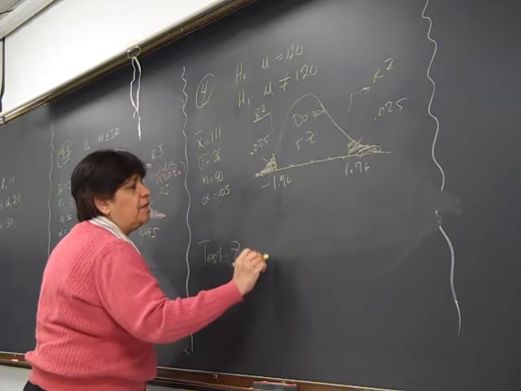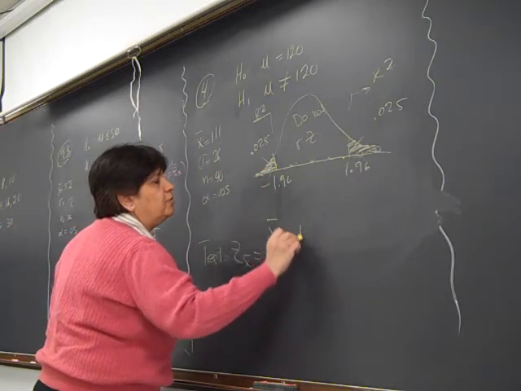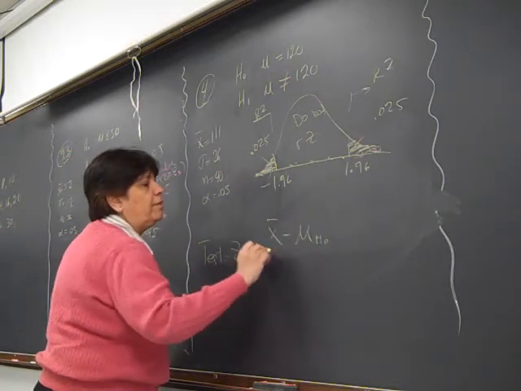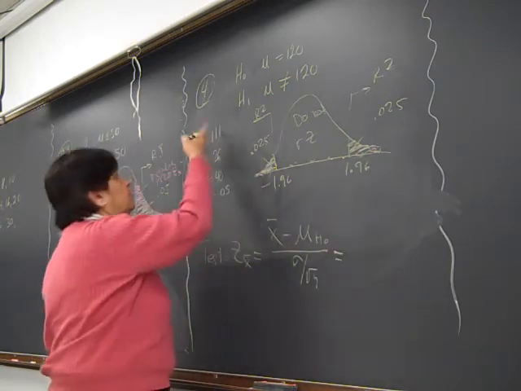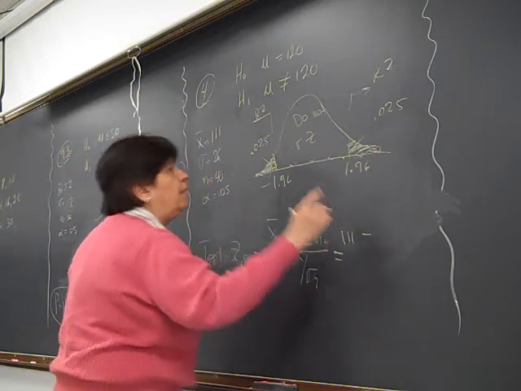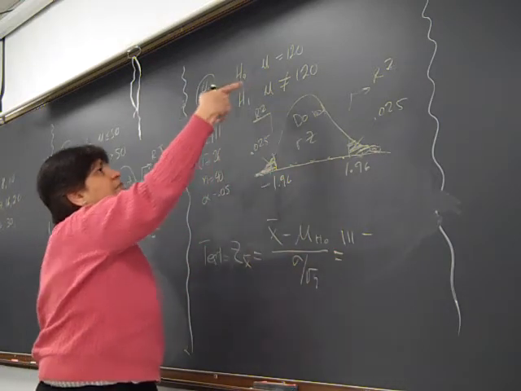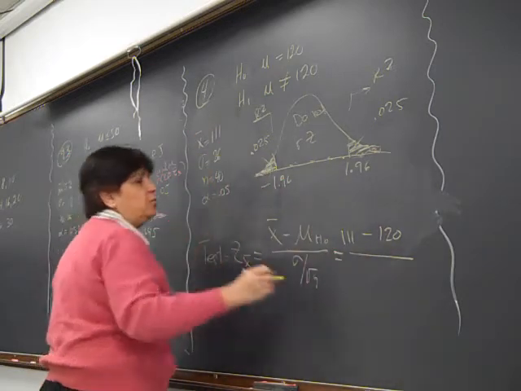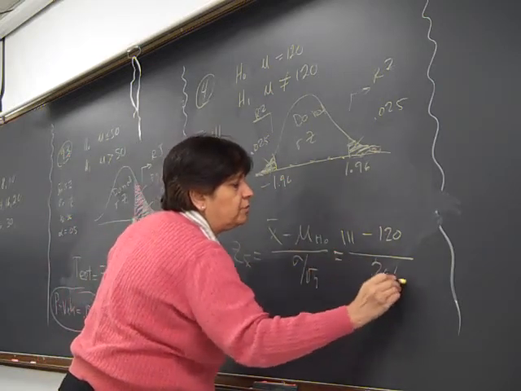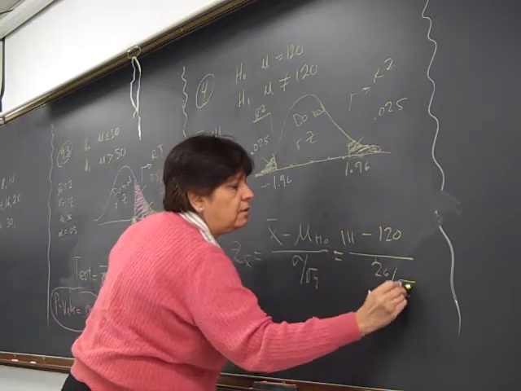That's z of x bar, which is x bar minus mu from the null hypothesis, divided by sigma over square root of n, and that is equal to 111 minus the mean of the hypothesis, 120, divided by sigma 26 over square root of 40.